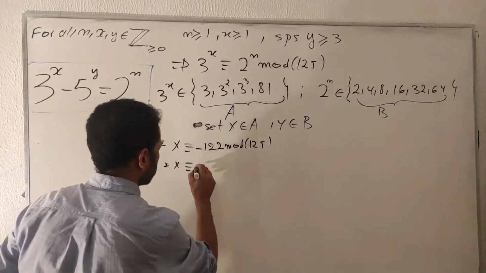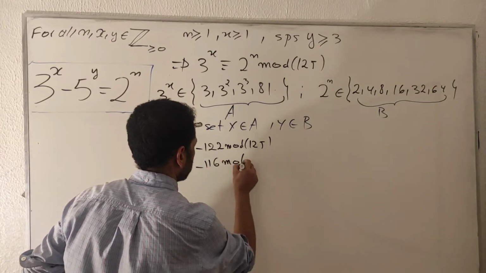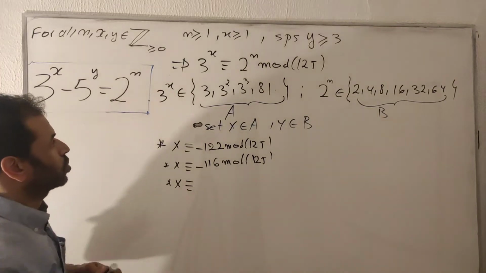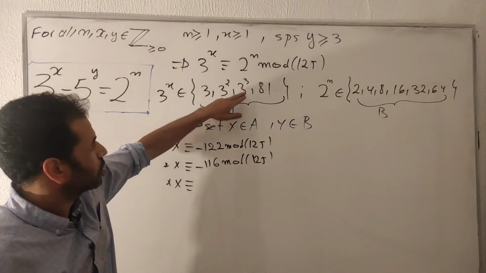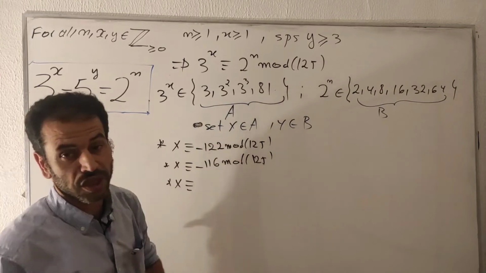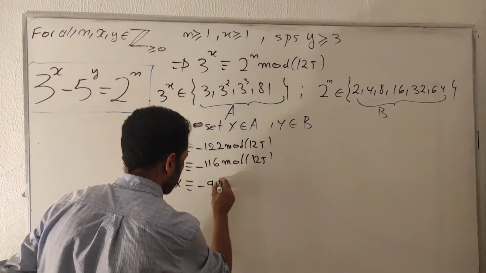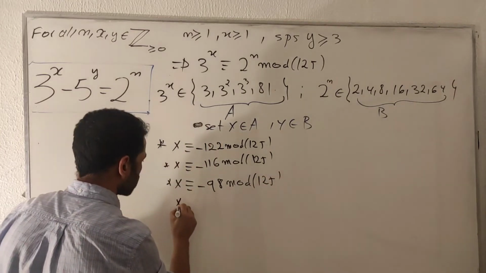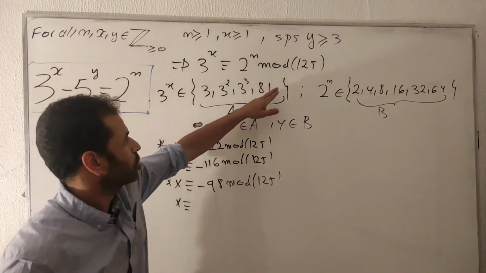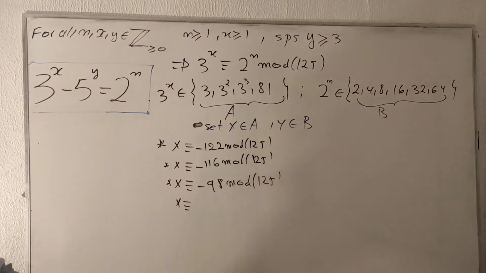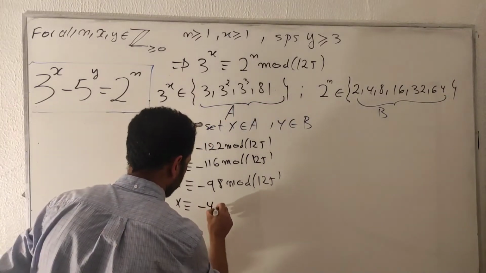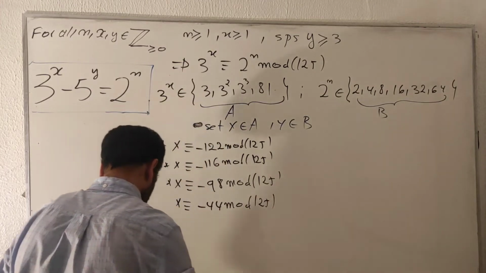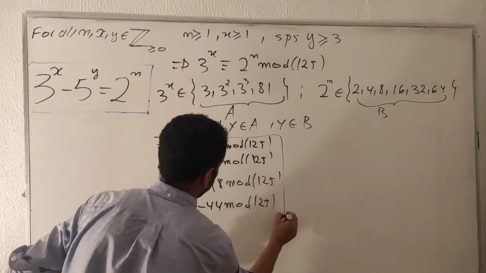I get minus 116 mod 125. The next value, which is 27: I get 27 minus 125, which is minus 98, minus 98 mod 125. Lastly, I get 81 minus 125. I get minus 44 mod 125. Okay, so I am done with this one. Let's move on to the next one.